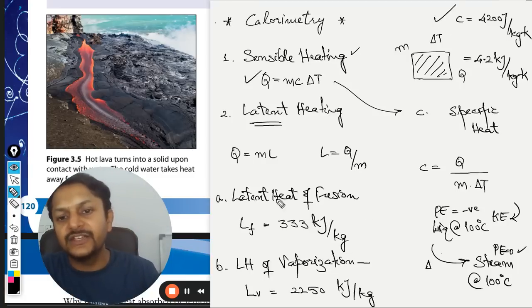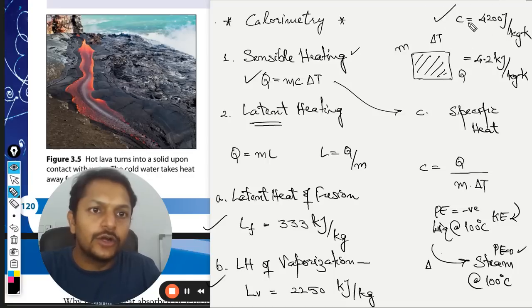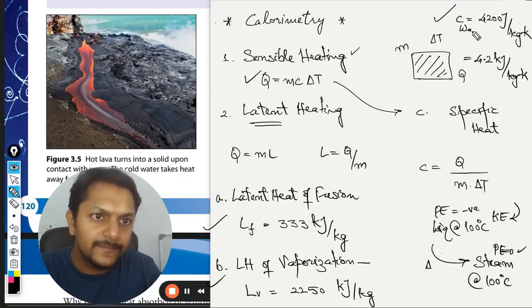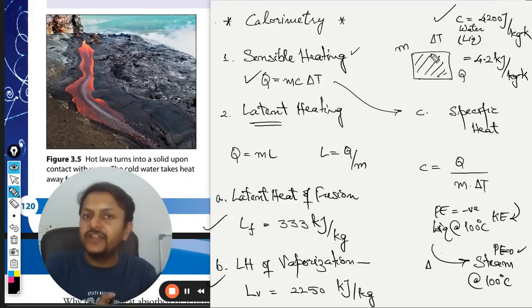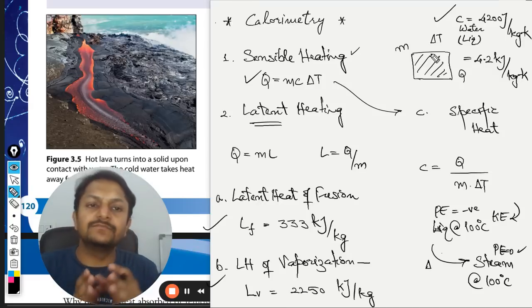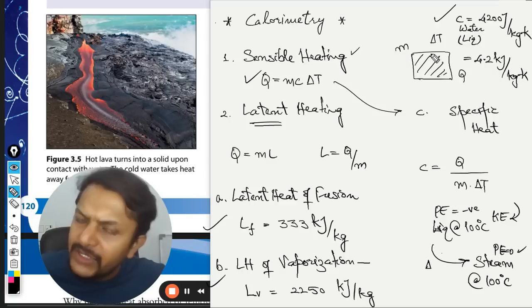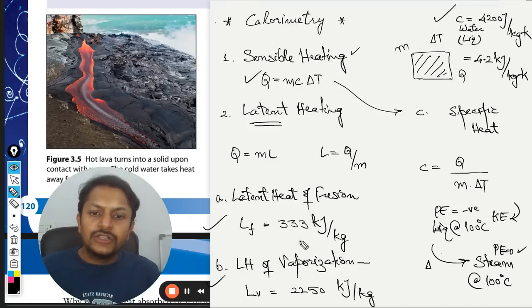All of this is for water. This specific heat is for liquid. For ice it will be different, and for gases the specific heat will be different too, but I don't remember them, so I will not write them here. Anyway, this data will be given to you in the question.